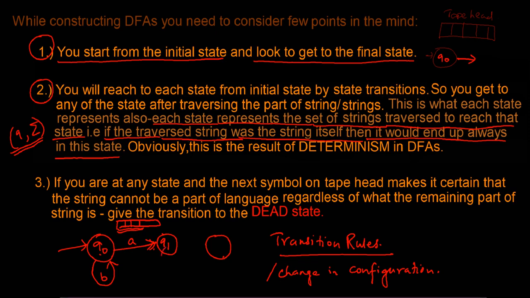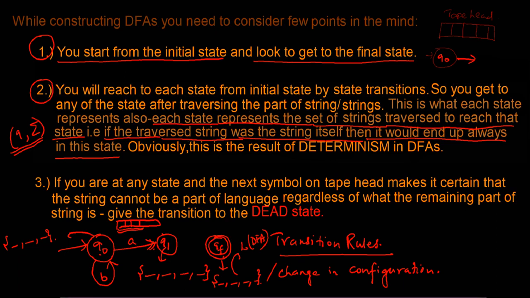So Q1 represents the set of strings that will always end up at Q1. Q0 represents the set of strings that will always end up at Q0. And similarly, if there is some final state QF, then this represents the set of strings that will always end up at QF, and this is going to be the language of the DFA. We will look at examples and these things will be clear.